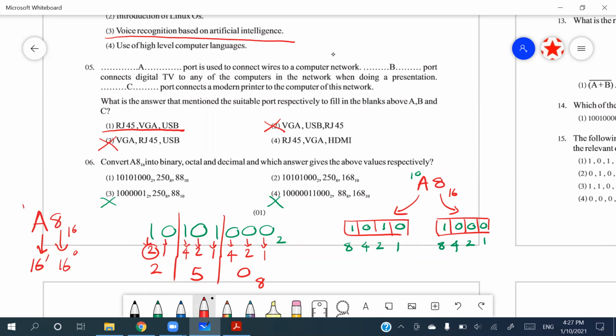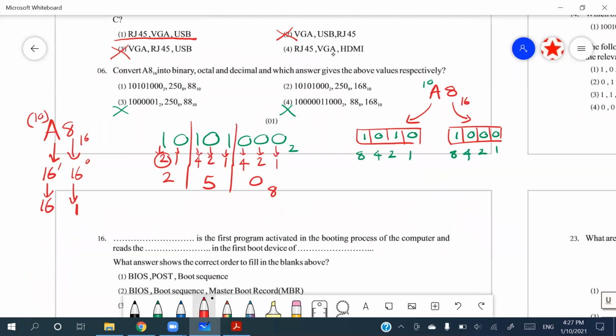A means 10, as we know. 16 to the power 1 means 16, and 16 to the power 0 means 1. So that means 16 times 10, which gives you 160, plus 1 times 8, which gives you 8. So it's going to be 168, which concludes the answer as the second one.